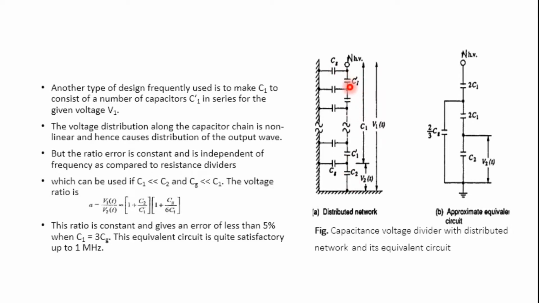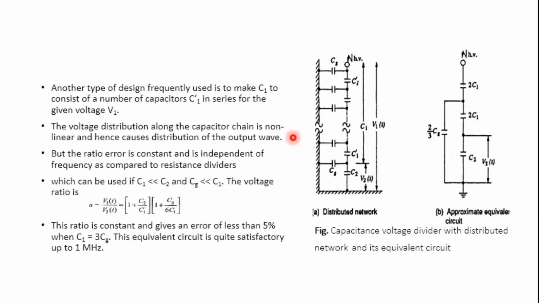We consider this because of the ground capacitance and the stray capacitance which are connected, with C1 connected in series for the voltage V1. The voltage distribution along the capacitor chain is non-linear because of the behavior of the Cg and Cs values. Hence there is a distortion of the output voltage.